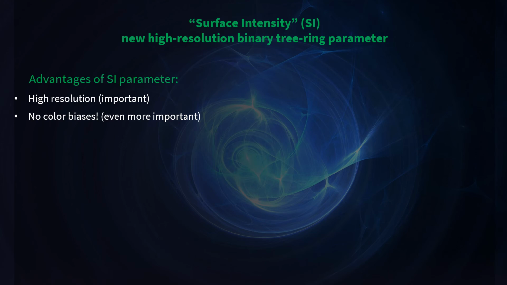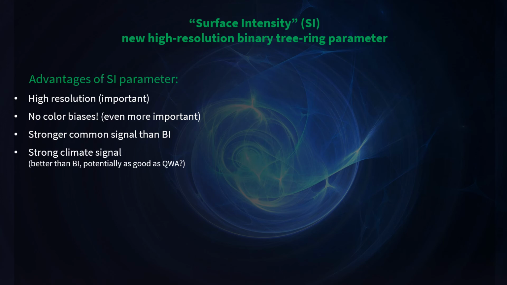And of course, this potentially affects blue intensity data sets in a range of different settings, so that's quite important, I would say. Surface intensity has a stronger common signal compared to blue intensity, and that can be very useful, particularly in situations where the number of samples is quite limited, particularly back in time within a paleoclimatic setting, for example.